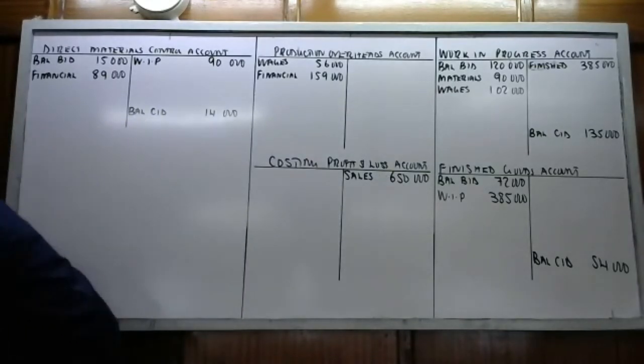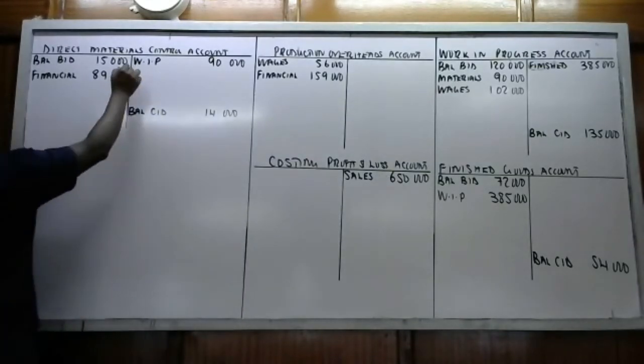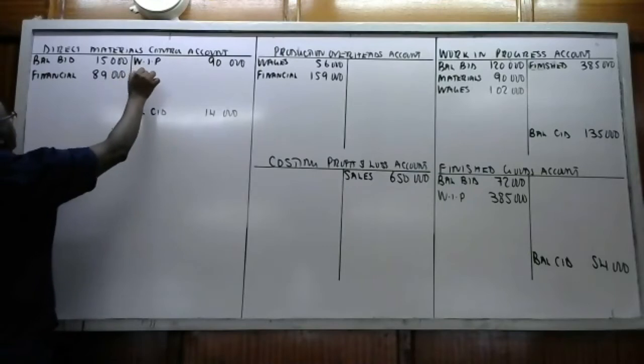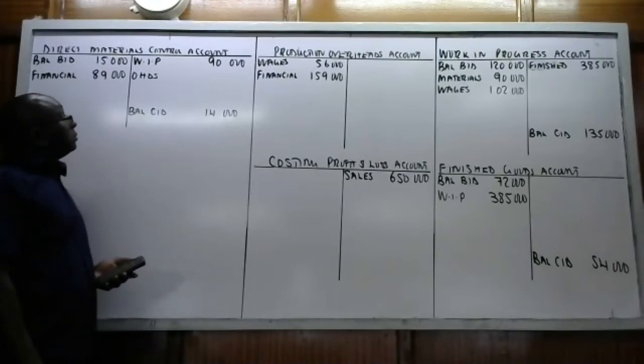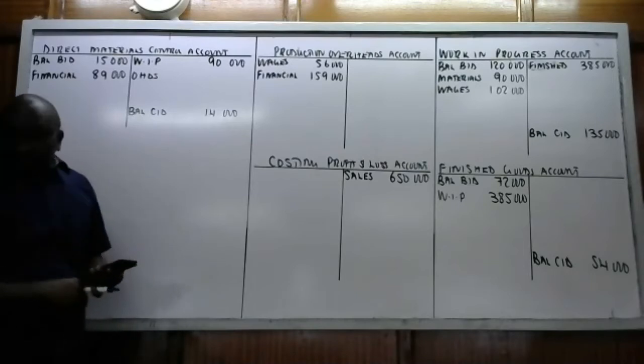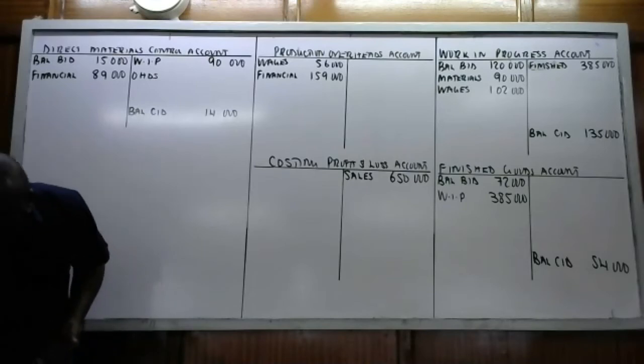However, we don't have the overheads. Let's check whether that is the balancing figure. Or first of all, we should have gotten the balancing figure by saying 15 plus 85 minus 90 minus 14. So the balancing figure is not even on that side.